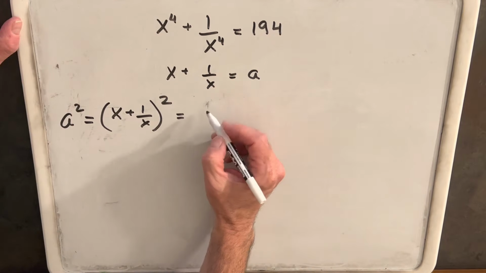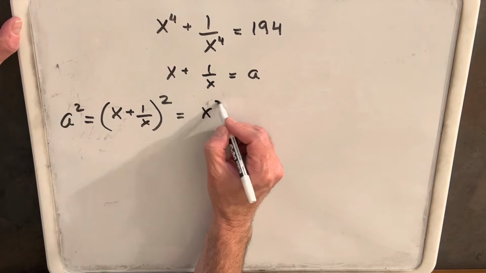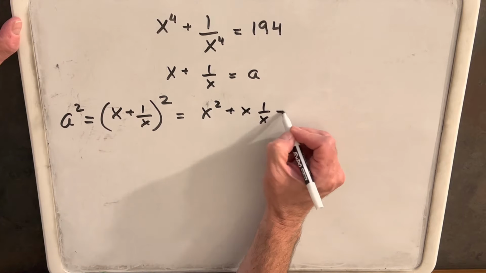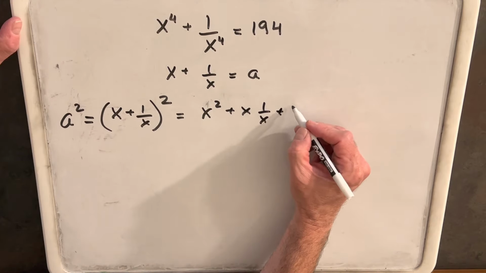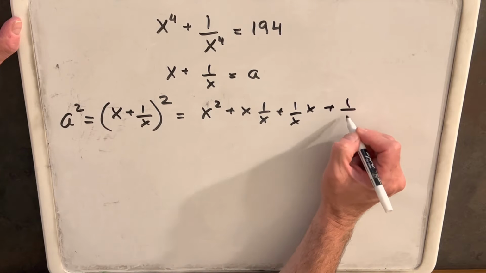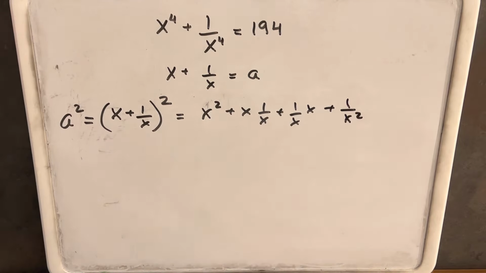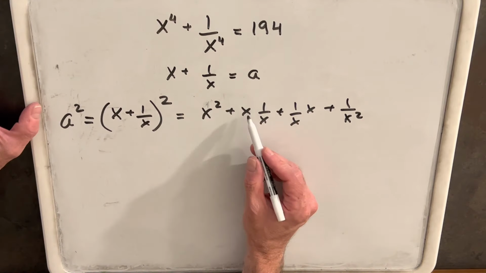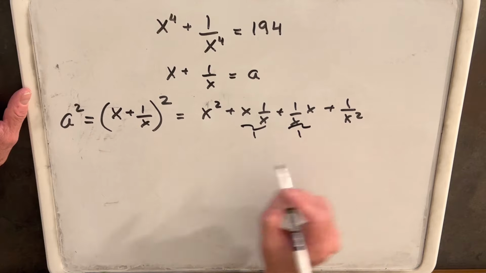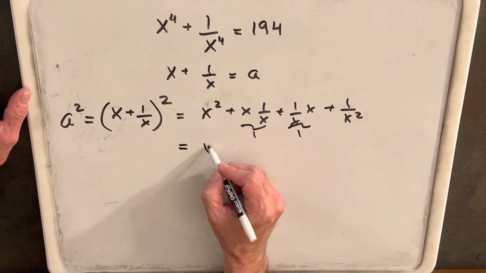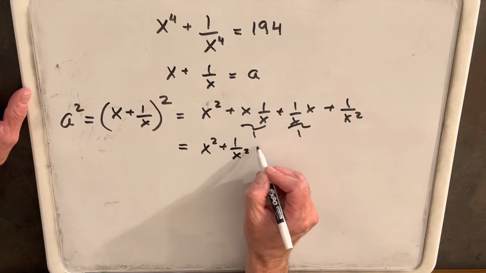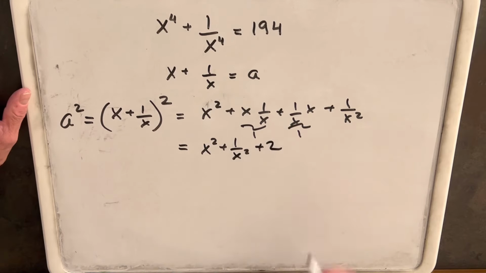So just distributing, we're going to have x squared plus x times 1 over x plus 1 over x times x plus 1 over x squared. And then you'll notice when you multiply an x times 1 over x, this is just 1, this is just 1. So we end up with x squared plus 1 over x squared plus 2.